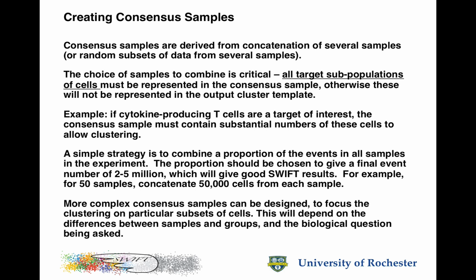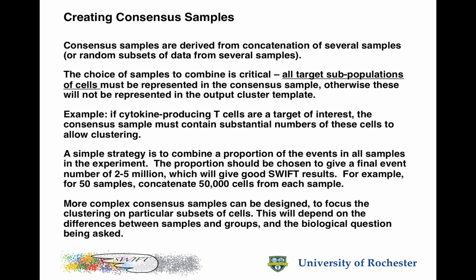If you leave out a particular target cell population, then of course that target cell population will not be represented in the cluster template, and therefore you won't be able to get any information on those cells. So it is critically important that all target subpopulations must be represented in the consensus sample.